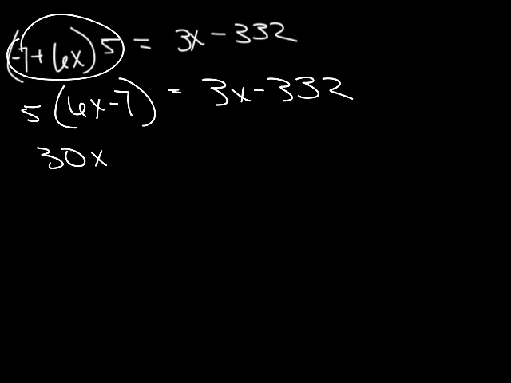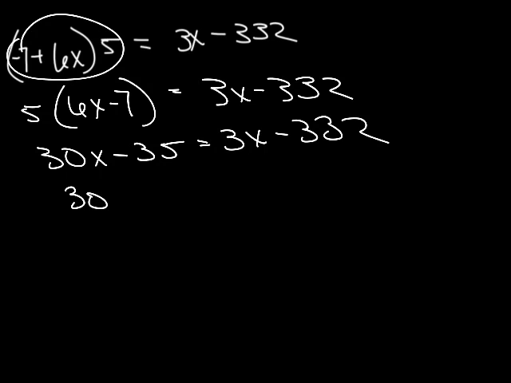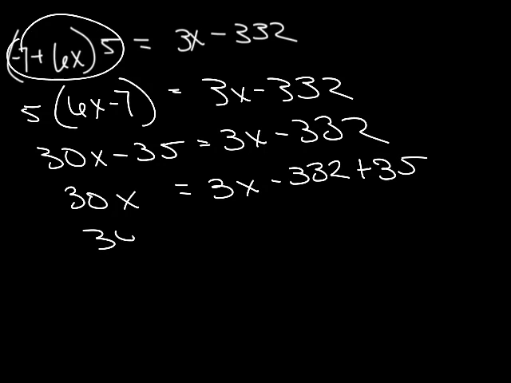Distribute. Add 35 to both sides. And I get 30x equals 3x minus 297.